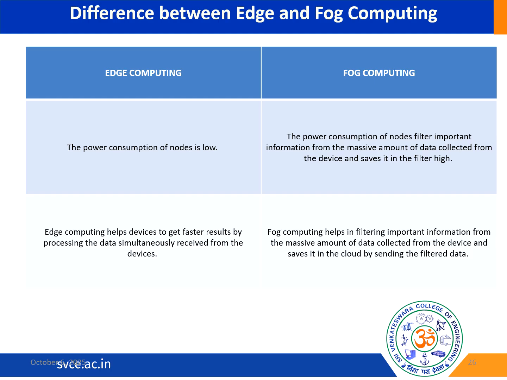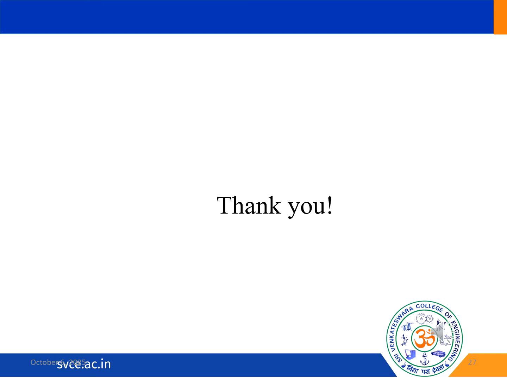Edge computing helps devices get faster results by processing the data, and fog computing helps in filtering important information from the massive amount of data collected from the device. As I told you, there are millions of data, so the important data can be handled by the cloud environment. So this is all about Unit 4, the second part.